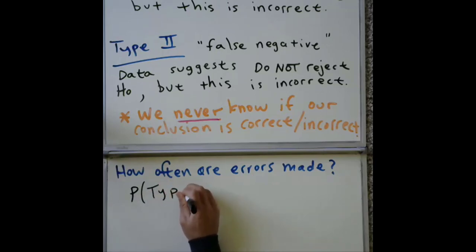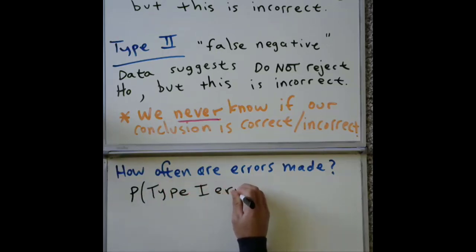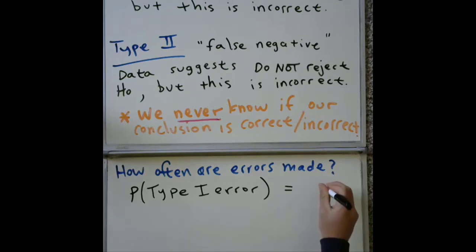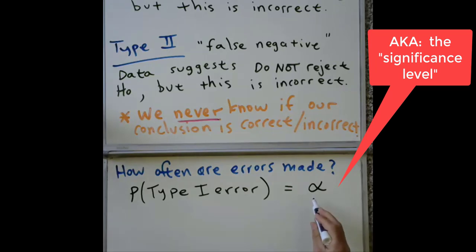The probability of a type 1 error is given by a small number, right? We don't want to make errors that often, but this small number is alpha.